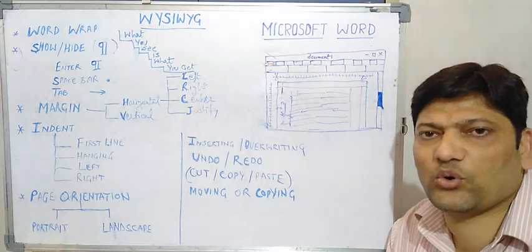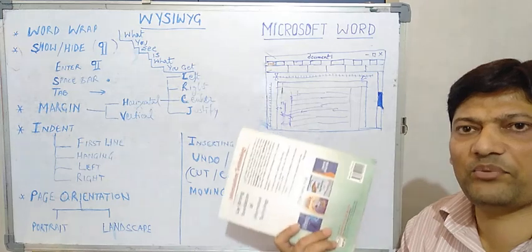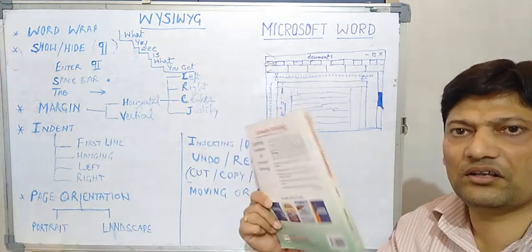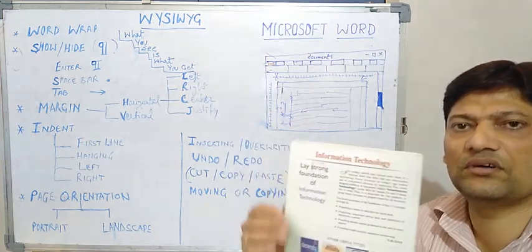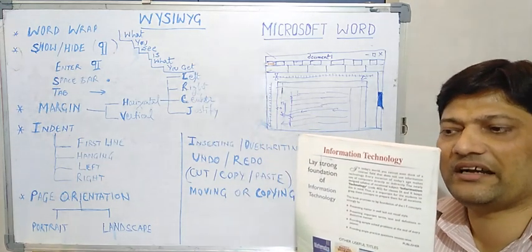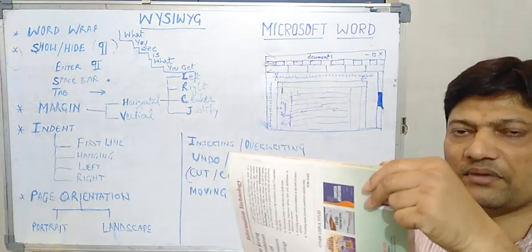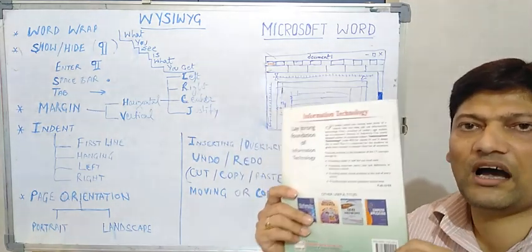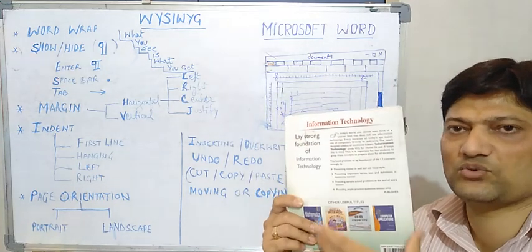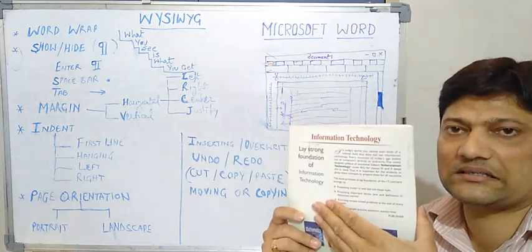Now come to the page orientation. Like this is my page, this is my book. You can see it is like a page. Our page is in a rectangular form generally. So it is up to us whether we need a printout in this manner or this manner. By default, our printout will appear this way, and this is known as portrait orientation.